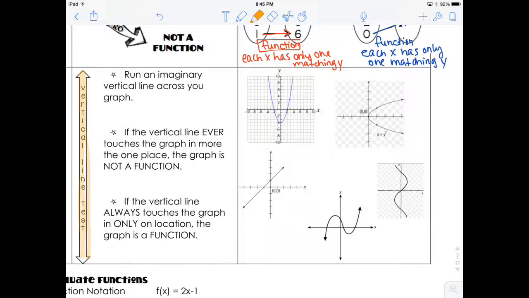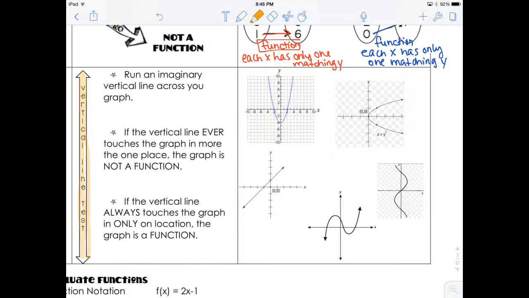Let's look at this one. Only crosses once, so this is a function. It doesn't matter where I picked, it only crosses once, so this is a function.